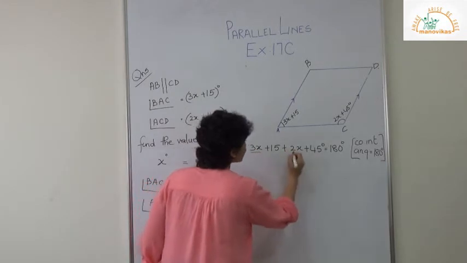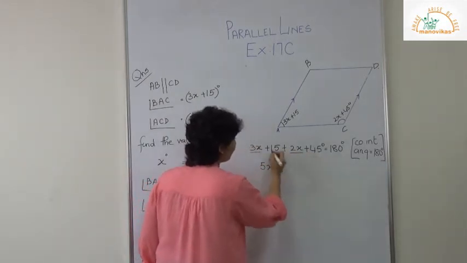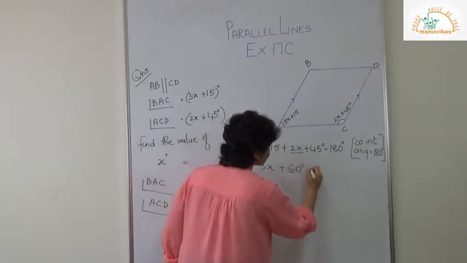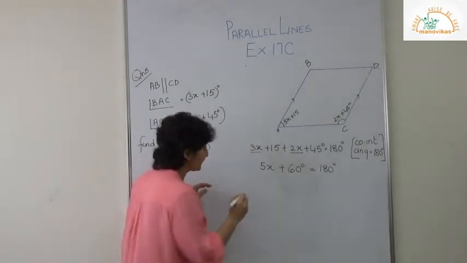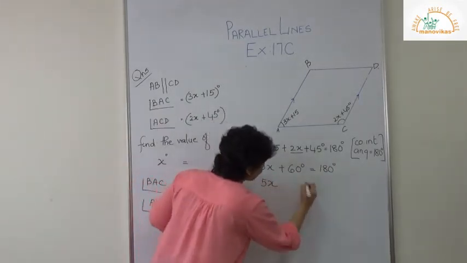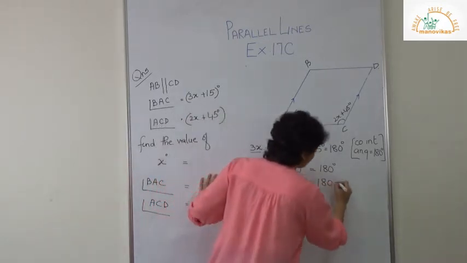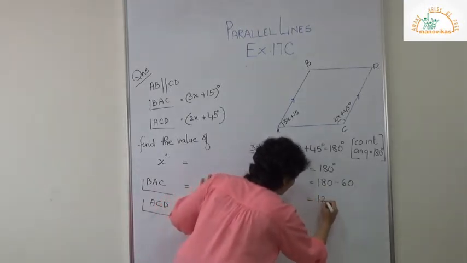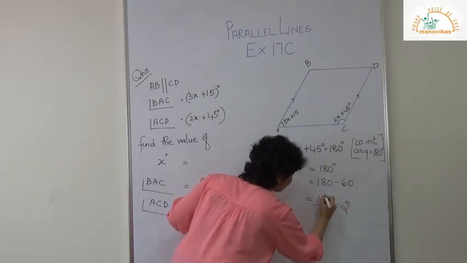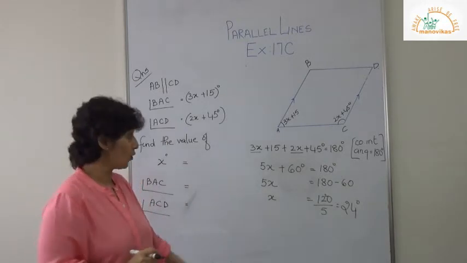Now 3x plus 2x gives me 5x. 45 plus 15 gives me 60, which is equal to 180 degrees. Correct? So 5x is equal to 180 minus 60, when I take that side. So x is equal to 120 upon 5. 5 2s are 10, 11, 20. 5 4s are 20. So I get 24 degrees.